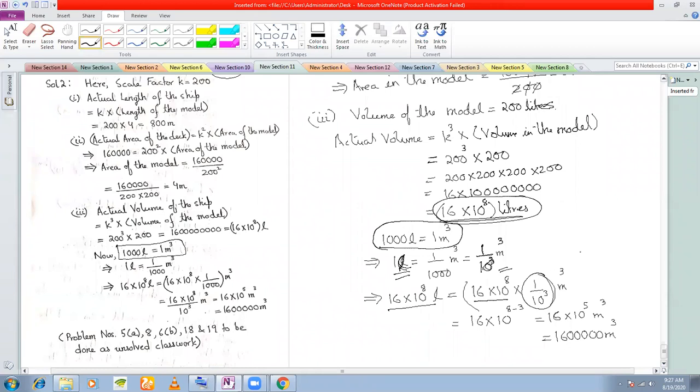Right? Because if 1 liter is 1 by 10 cube meter cube, then what do we do? Suppose we need to find what is 1000 liters, or let's say 100 liters instead. We want to find out how much is 100 liters.